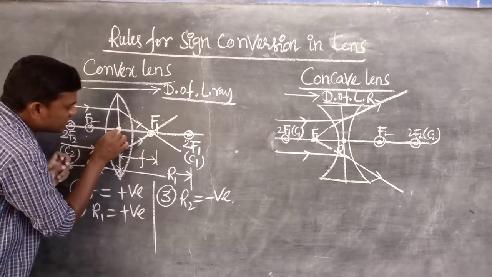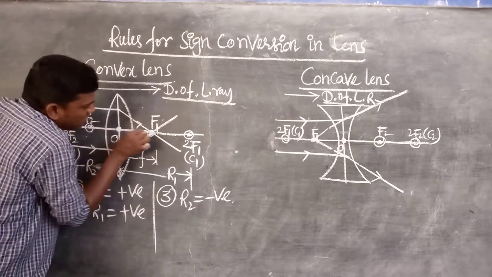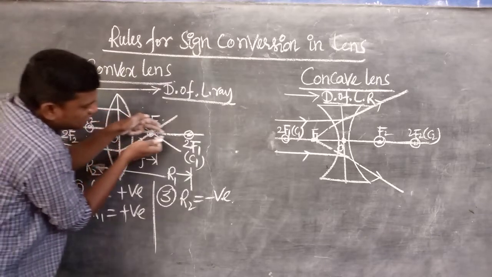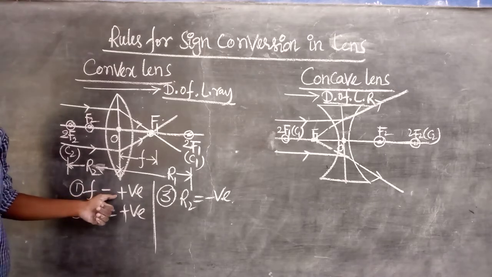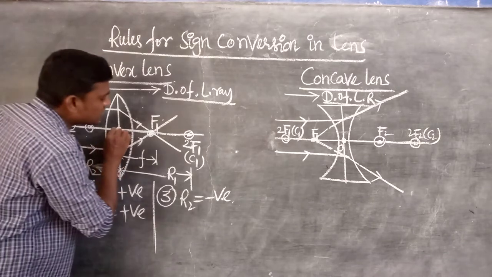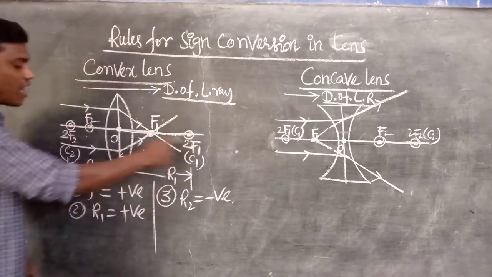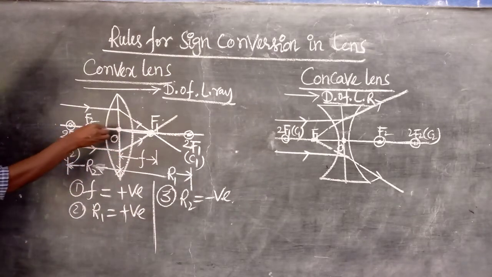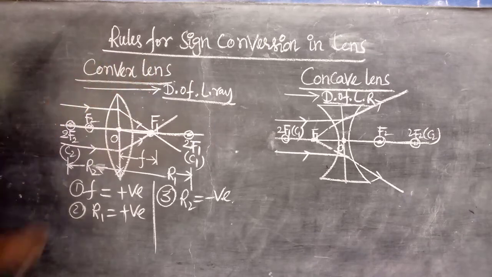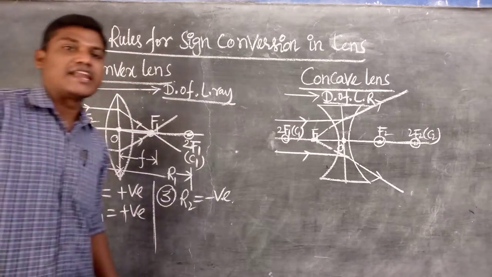Focal length is the distance from the optic center to the principal focus, and our measuring direction is the same as the direction of the incident ray, so we take it as positive. In the same way, from the optic center to the first radius of curvature R1, it is also positive. But for this one, which direction is it? Opposite to the incident ray, so we take it as negative.